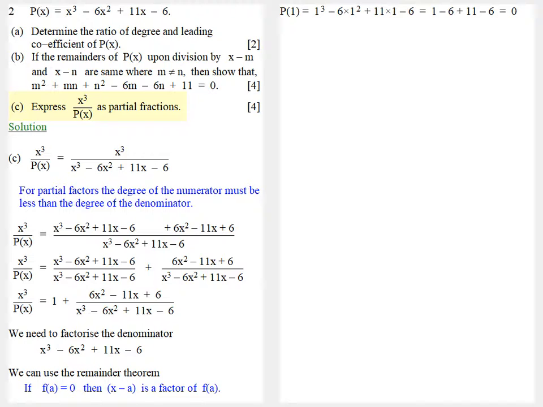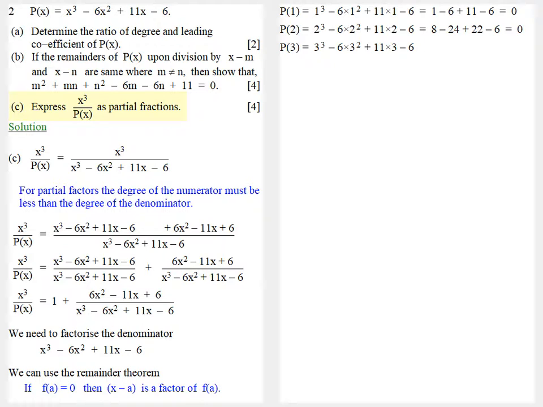a factor. If we try p(2), we end up with 2 cubed minus 6 times 2 squared plus 11 times 2 minus 6, which is equal to 8 minus 24 plus 22 minus 6, which is 0, and so x minus 2 is a factor.